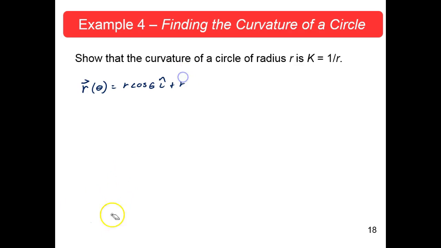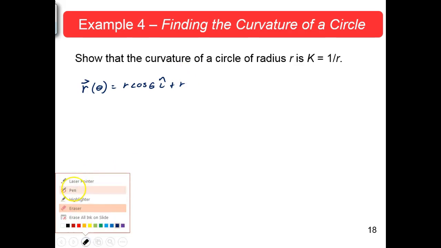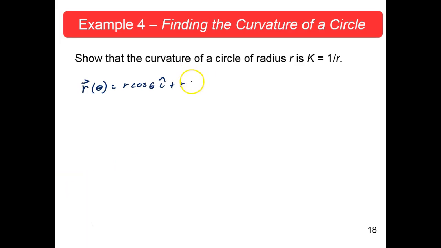I'm so used to writing a vector symbol over r, it just came out naturally. Yeah, a circle in two space. We're going to stay there. There is your displacement vector of any old circle, r cosine theta i plus r sine theta j.